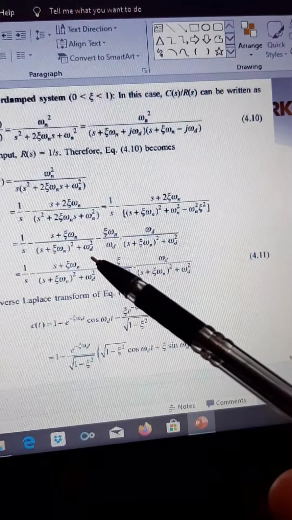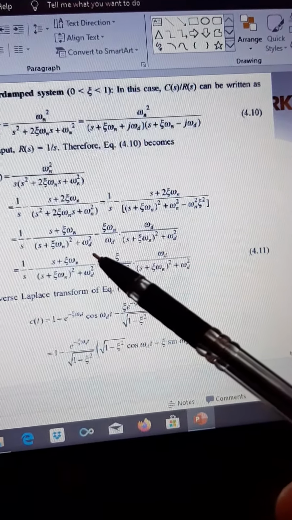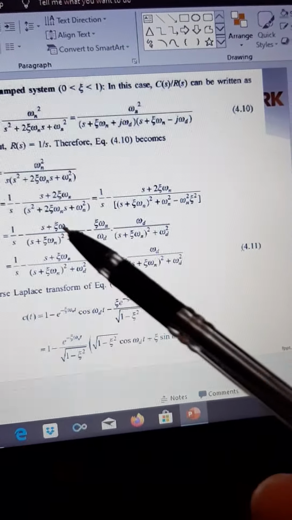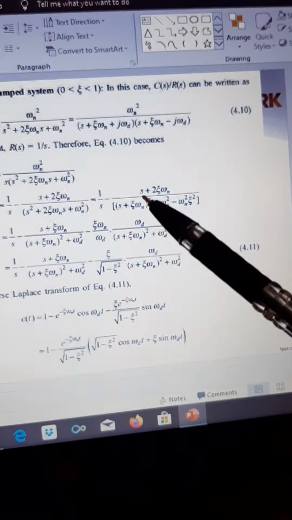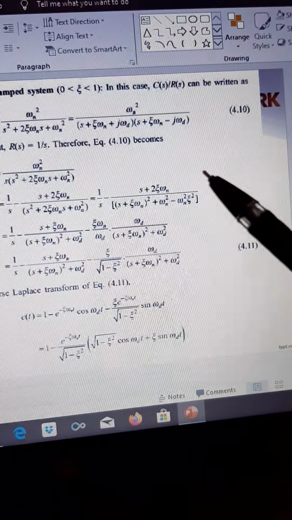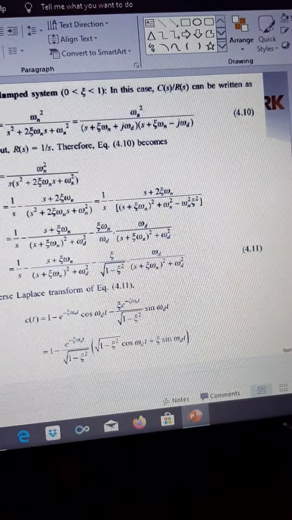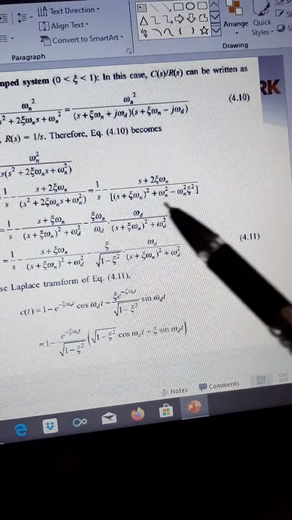What they are doing is splitting this term into this form.